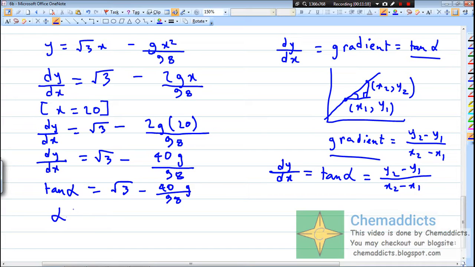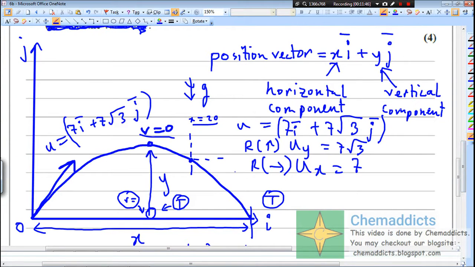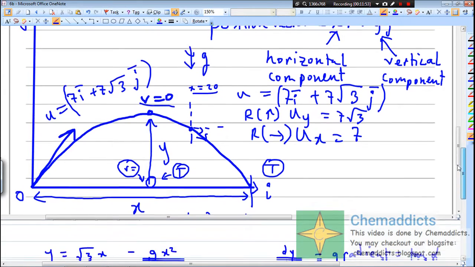So if we calculate this angle by tan inverse of root 3 minus 40g divided by 98, we will end up getting minus 66.2 degrees. Since this is negative, the angle is negative over here. This is the negative angle, so it is downward.